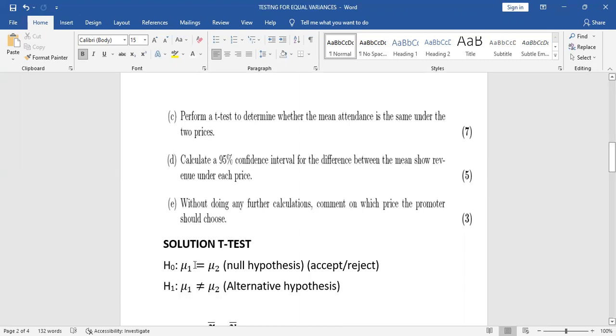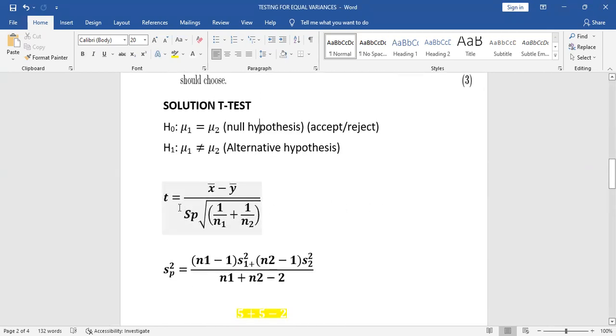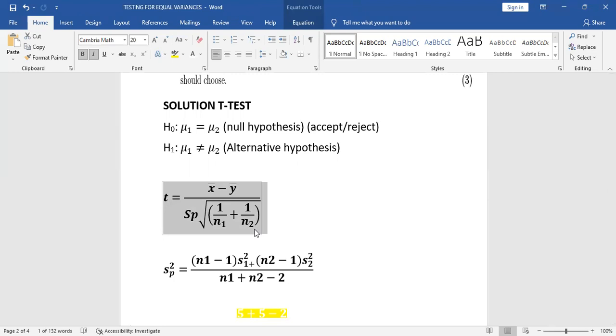The null hypothesis suggests that mean 1 is equal to mean 2, while the alternative hypothesis suggests that mean 1 does not equal mean 2. And from here, we have the formula for the t-test. It's mostly given in your examination, so you don't need to stress much to memorize it. But just in case it's not given, you might need to memorize this formula.